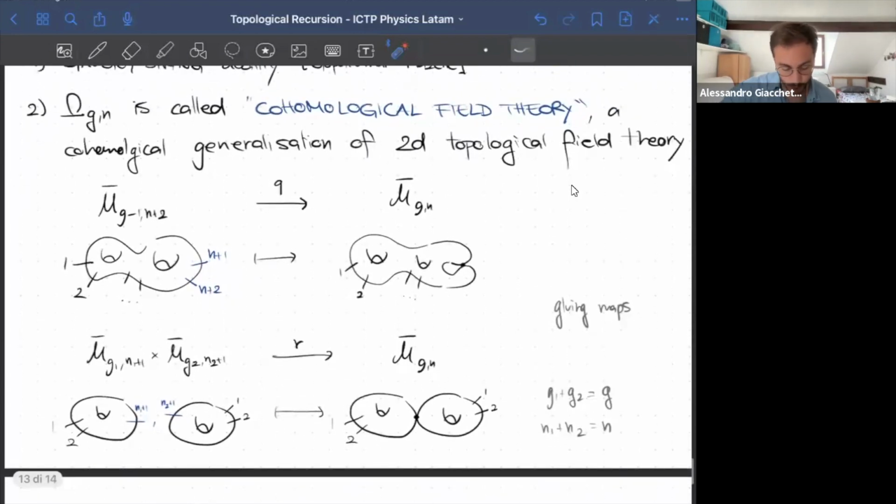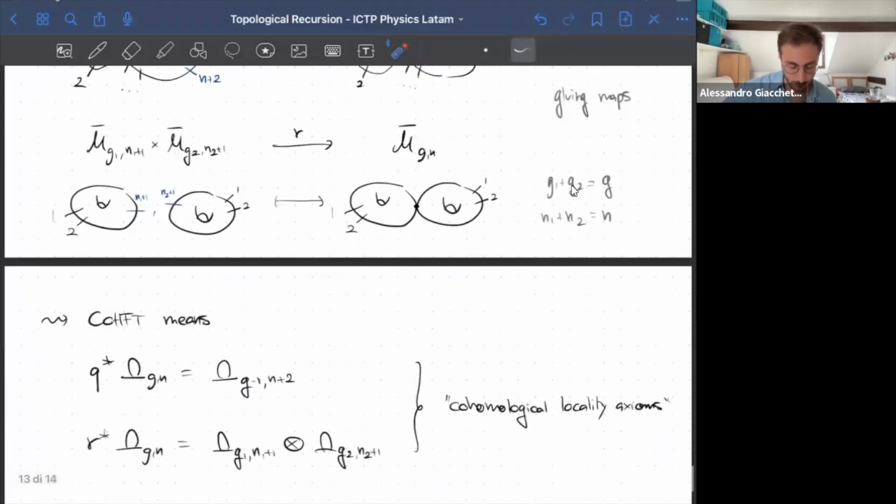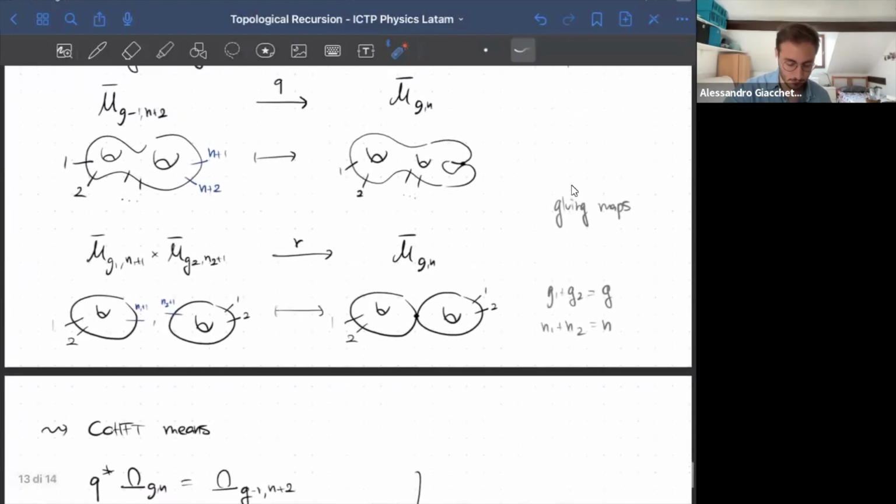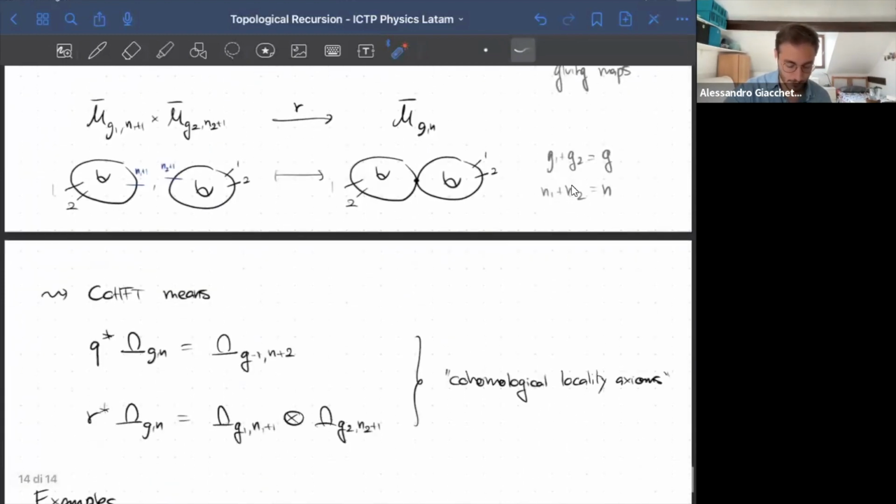And how is this related to these omega gns? Well, being a cohomological field theory means exactly that essentially these classes respect these gluing maps. So if you take omega gn and you pull it back with respect to this map here, this map Q, then you don't get something random, you get exactly the omega associated to genus g-1 and n+2 marked points.